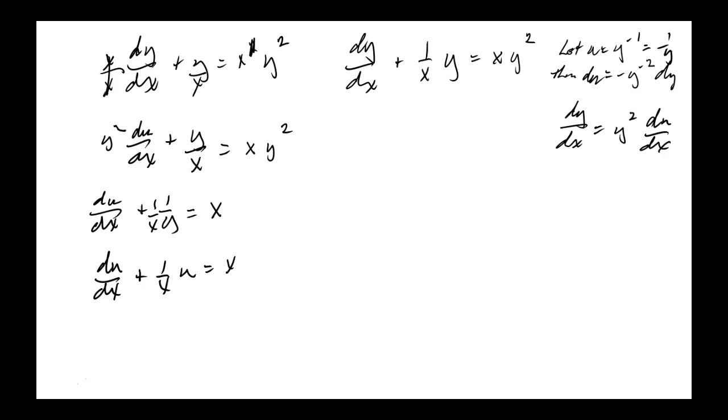Okay, now, so your p of x is equal to 1 over x, and what do you do? You integrate that dx. Okay, well the integral becomes log x. Then what you do, you raise e to that. Well, e to the log x is just x.